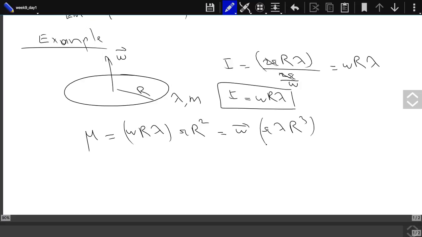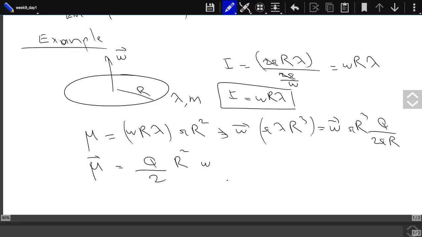Or instead of lambda, let me write it in terms of the total charge of my ring. Lambda is the total charge divided by 2 pi r. So the magnetic dipole vector is nothing but the total charge times r squared over 2, times omega.